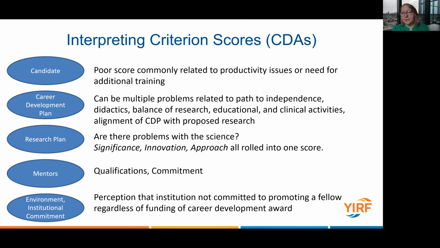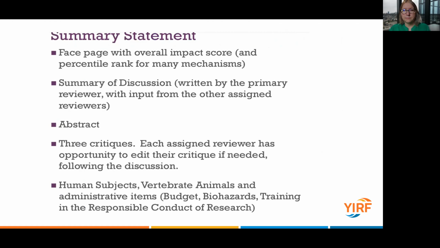Again, the research plan: are there problems with the science? Is it the appropriate science, and is it feasible science given where you're at? Again, mentors could be dinged about their qualifications, their commitment, their experiences. And again, we talked about the environment, the institutional commitment, and that a weak letter from your department chair can actually be near fatal.